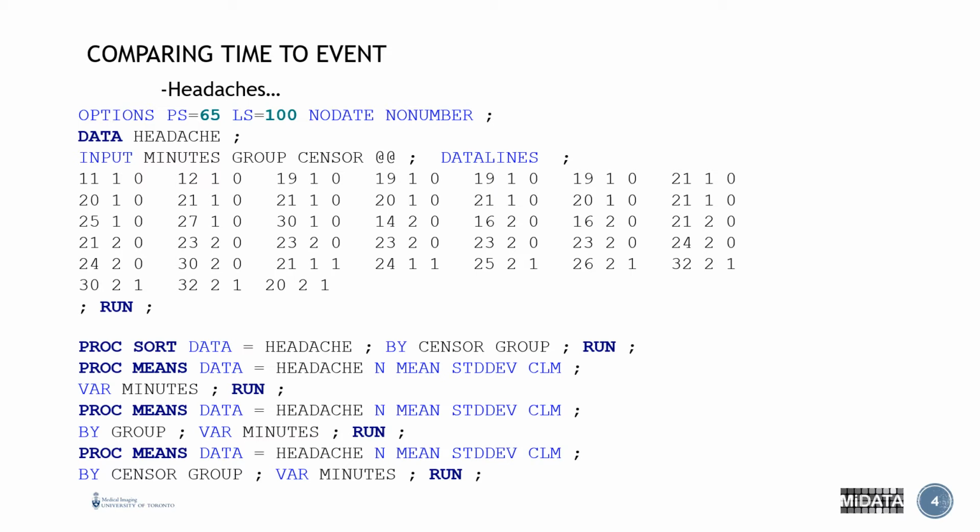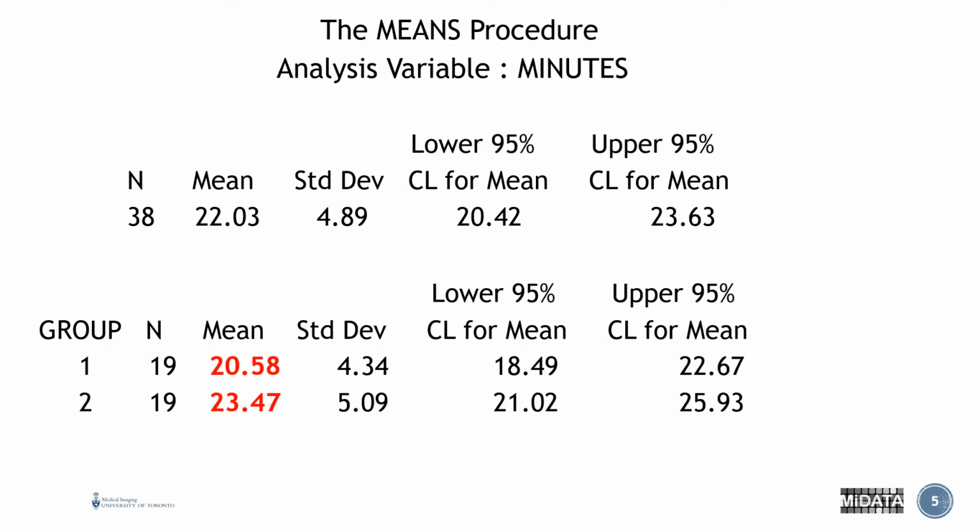Now, on the lower half of the slide, I'm giving you a whole bunch of PROC means, and this is just to look at the different means between your grouping variable and also between those subjects that have been censored. Here's your output simplified from your PROC means. So the first one is for all subjects. So we have 38 in all. We have an overall mean of 22 minutes.